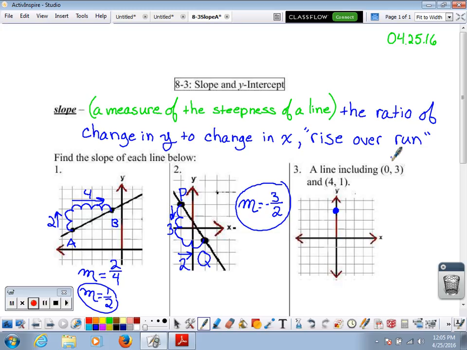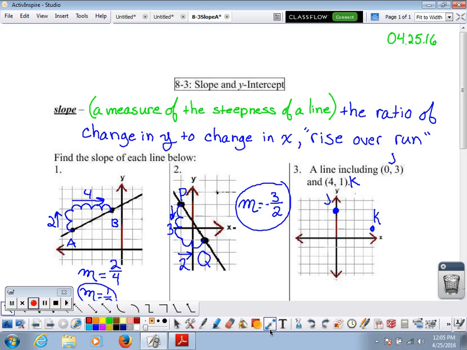And we'll call that J. We'll call this point K. Where will I put K? 0, 3 went here. Where would 4, 1 go? Over 4, up 1. Very good. And there's point K. All right, and then I'll draw a straight line through those points, straight as we can.